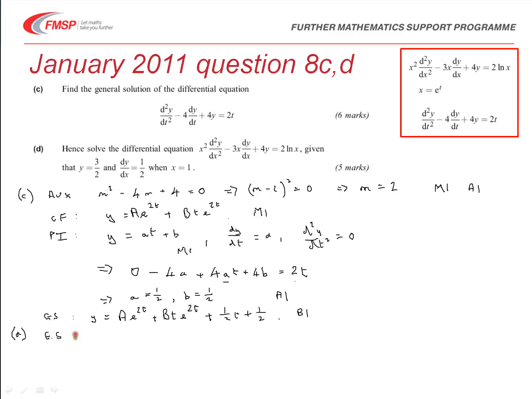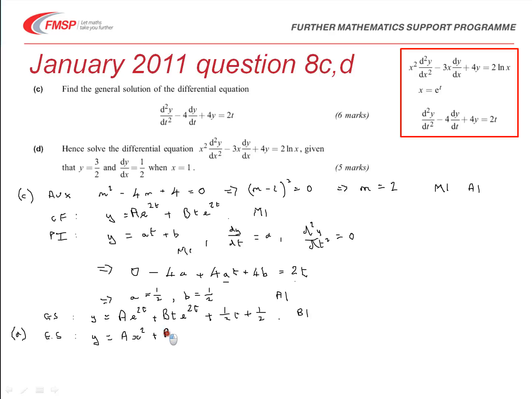Now remember the substitution we did was x equals e to the t, so we've now got to substitute back that. So e to the 2t, if x is equal to e to the t, that's just x squared. Similarly, e to the 2t is x squared, but t will be equal to ln of x if x is equal to e to the t.